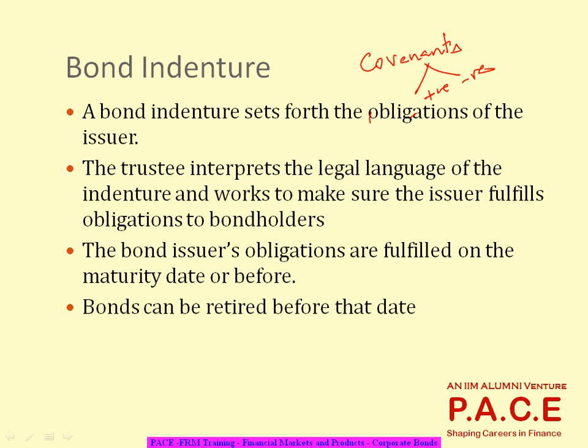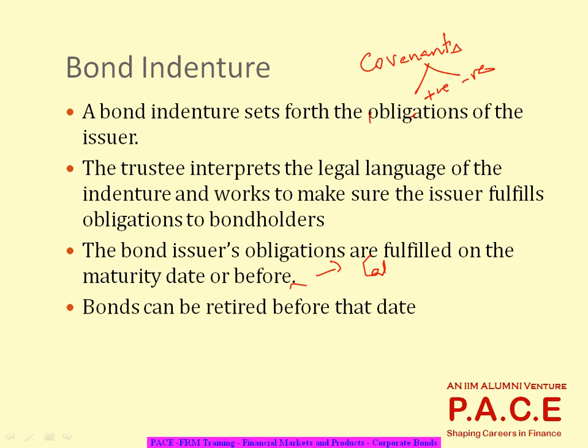The trustee's role is to make sure that the issuer, who has taken the amount, does not default and that payments are done promptly. Bond issuer's obligations are fulfilled on the maturity date or before, because the bond could have a call option.